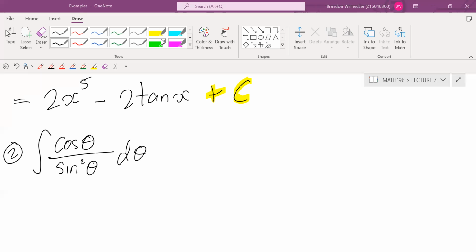It's just a renaming. There's nothing different going on here. Now this function inside, there's no standard antiderivative that you should know of just by looking at it. So instead, we need to do a bit of manipulation.